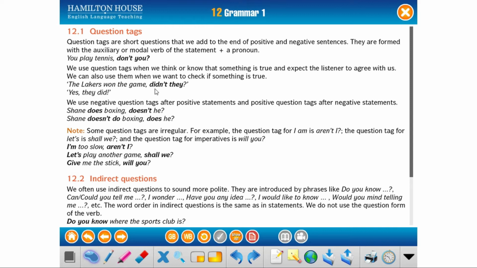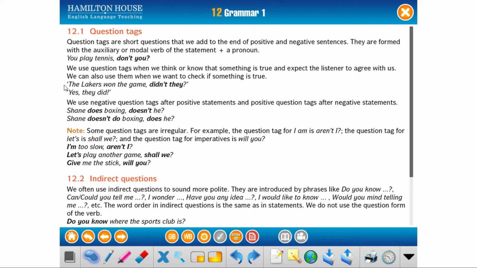Didn't and they. Why are we using they? The Lakers is they. Okay, so we are changing the subject, if it's a name or if it's a thing, by the subject pronoun.